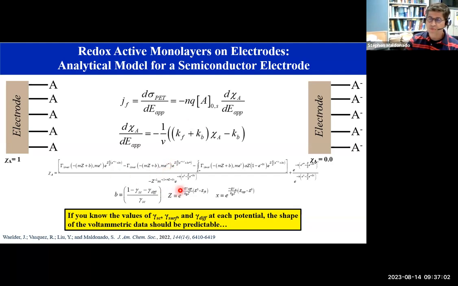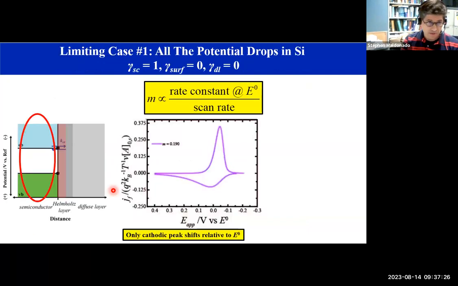This expression is horrifically ugly, and yet it is an exact and precise way of describing how these types of systems behave. If you know what these gamma values are, I can take this expression and make a spreadsheet and effectively predict what the voltammogram would look like in this particular case.